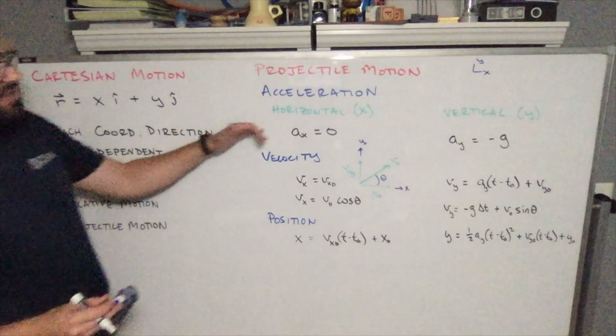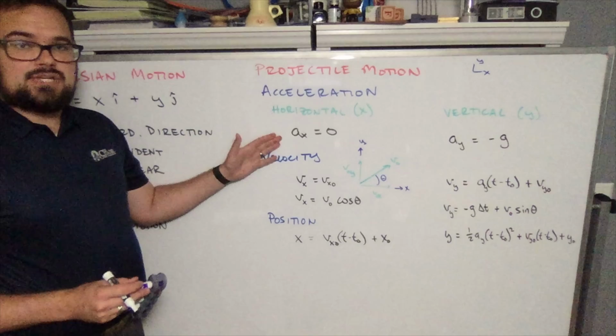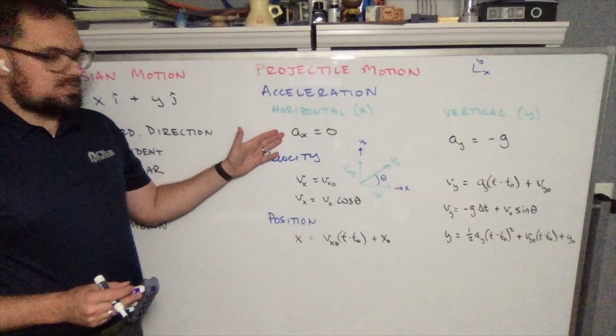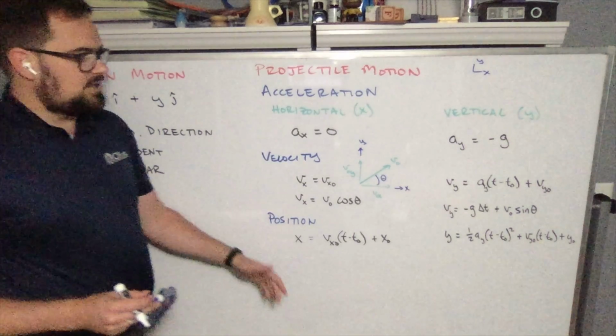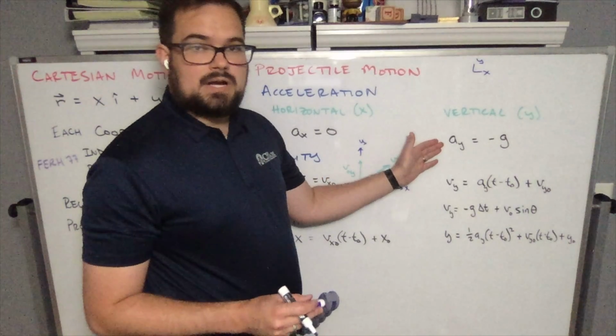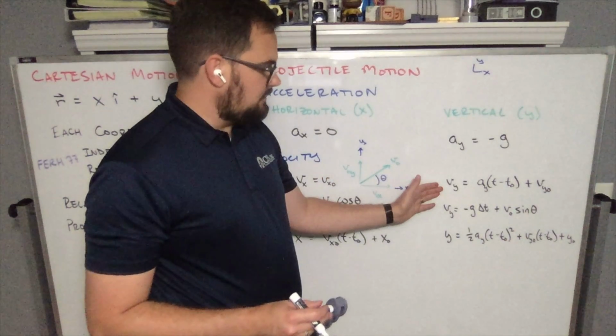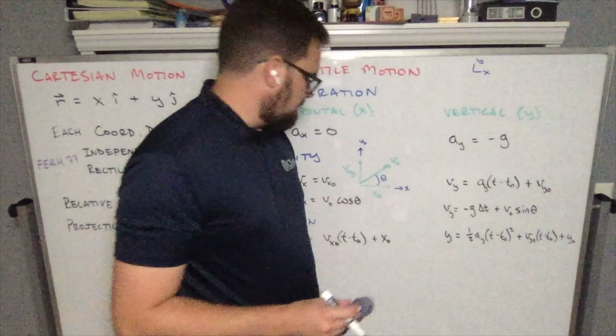So this is just straight up using those kinematic relationship equations we had for acceleration equal to 0, constant position, and the acceleration equal to a constant. We would have an equation for our velocity and an equation for our position.